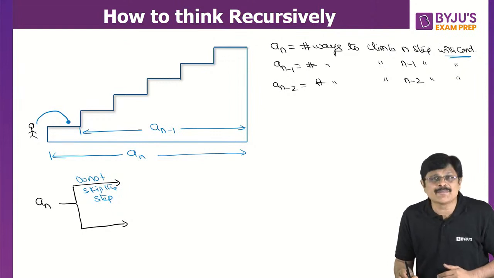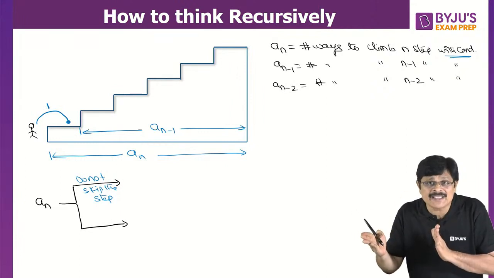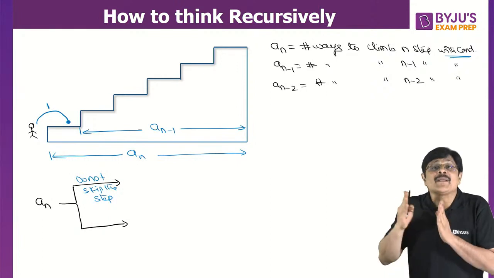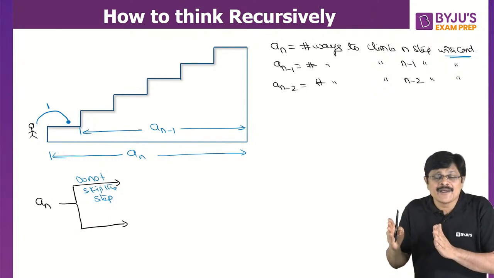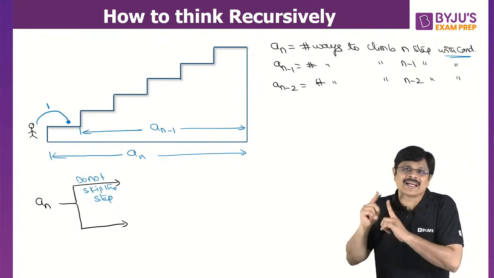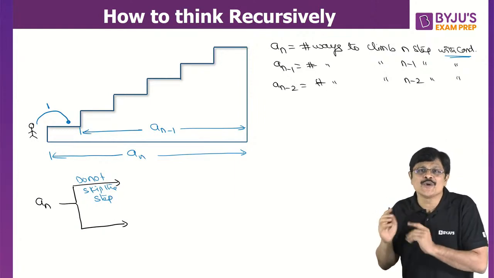So if he do not skip the step, how many ways he can do it? One way में कर सकता है. बाद में कितना काम बचा है? How much work is remaining? He need to climb n minus 1 steps with the condition. What is the condition? He can skip at most one step.